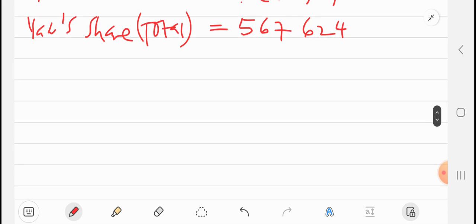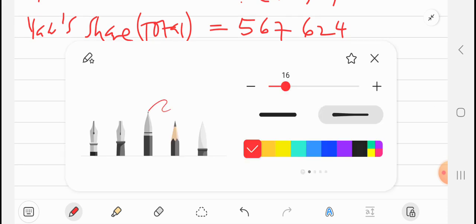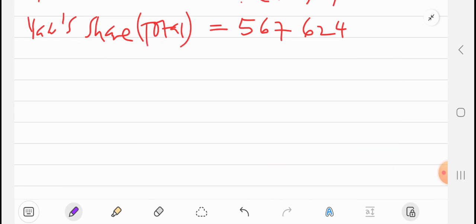Now we continue to find S's share. S's share, the total. Okay, so obviously we know very well that SC does not get the percentage at the beginning as the rest.